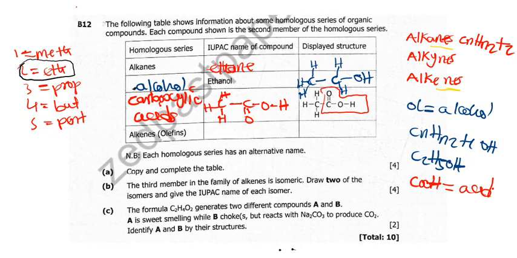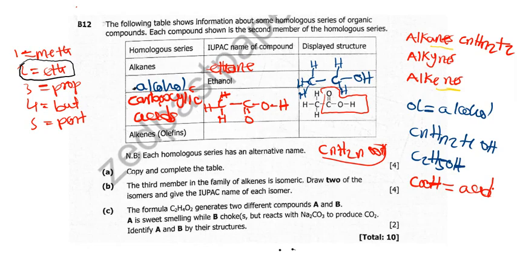This is because all the carboxylic acids follow the formula CnH2n, then OOH. Sorry, there is a 2 omitted here. All of them obey the formula CnH2nOOH. So you can see that the formula is applicable there.